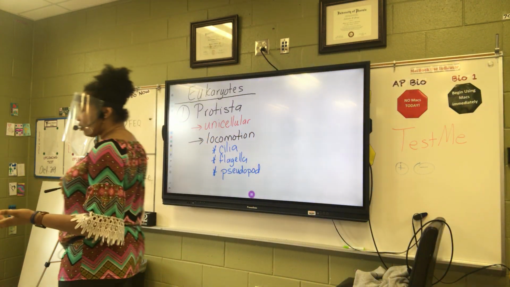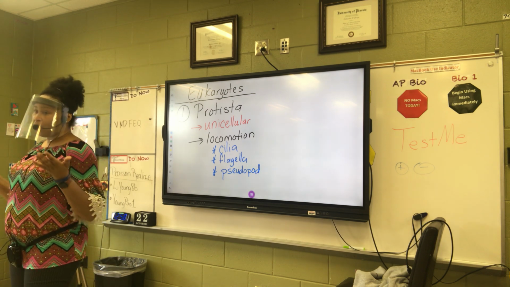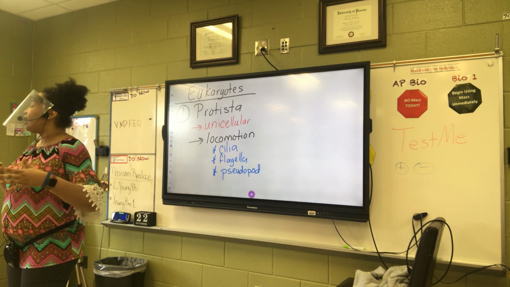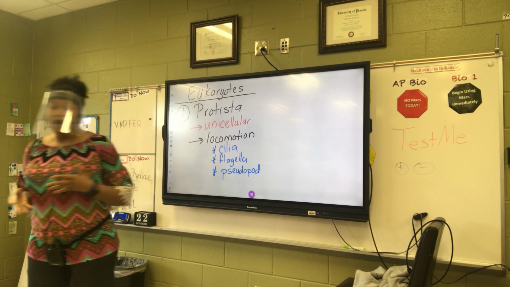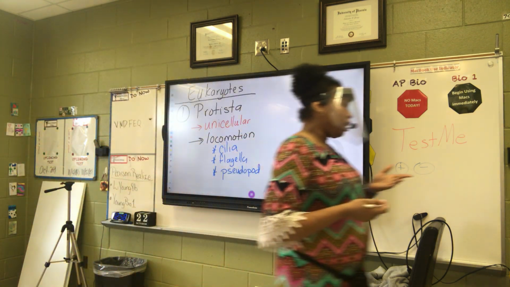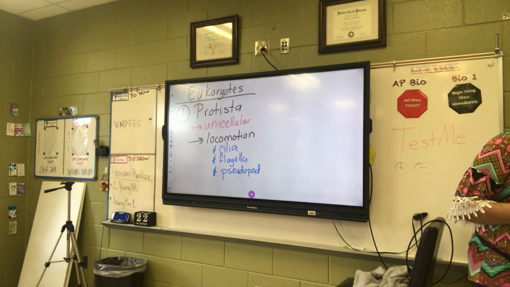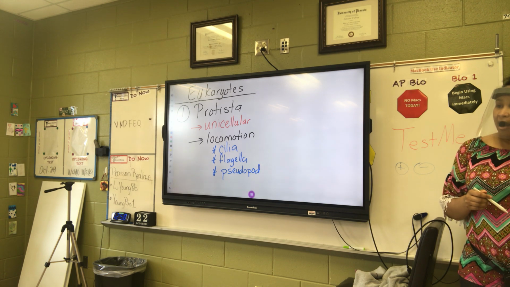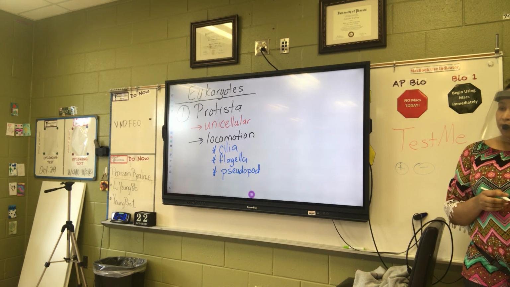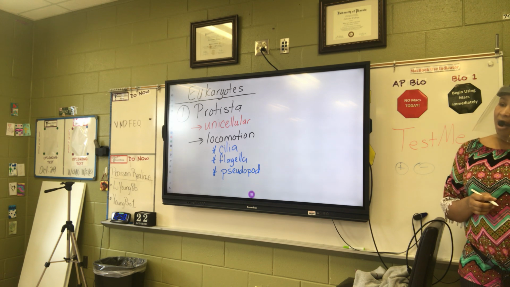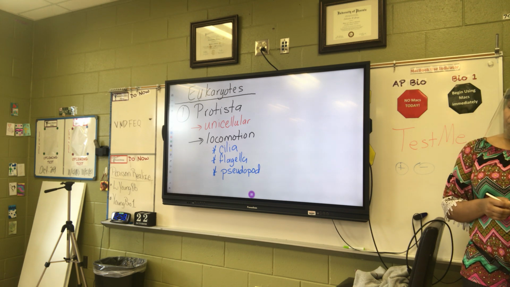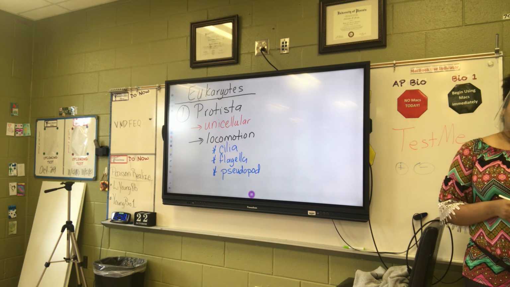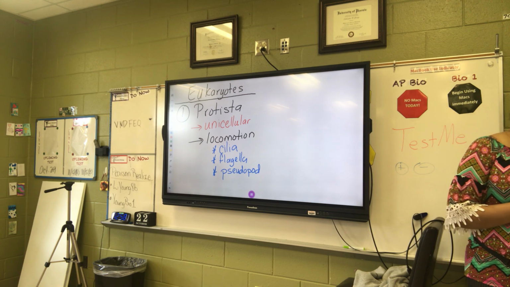So if you had a question, like which one of these is a prokaryotic cell? But if you see these, what do you notice? They all have a nucleus. You don't see DNA in the cytoplasm. So even though they're unicellular, they have their DNA separated from the rest of the cell in a nucleus, so they are eukaryotic and they are protists.